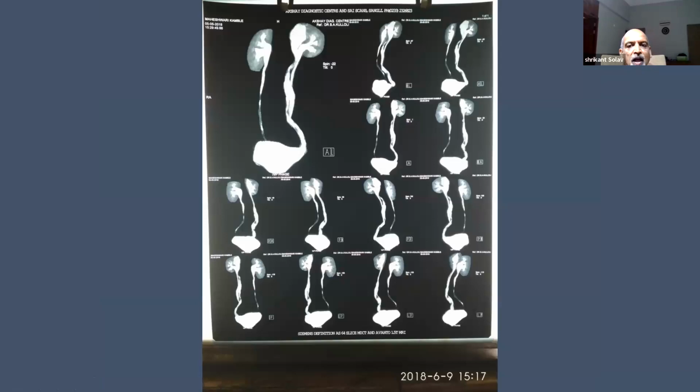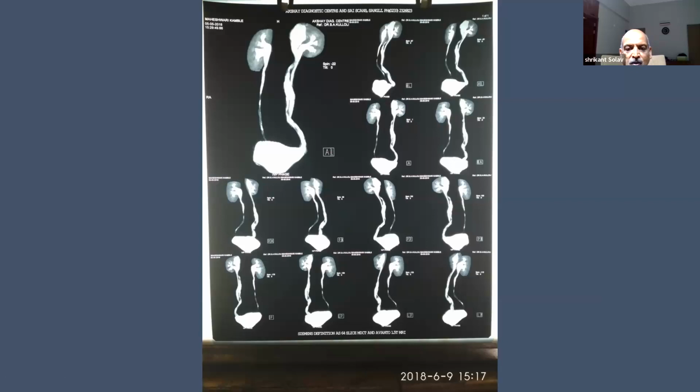So here we went to the structural information which was available to us, that was the CT scan, and look at that. So that was a double moiety, and one of the moieties was, of course, ectopically opening, and the upper moiety, which was seen here, is actually dysfunctional.